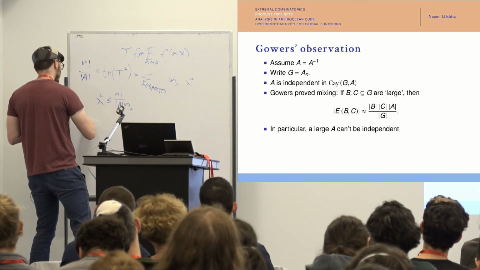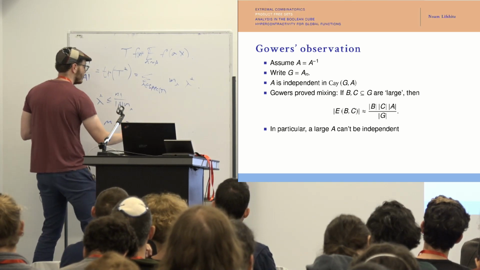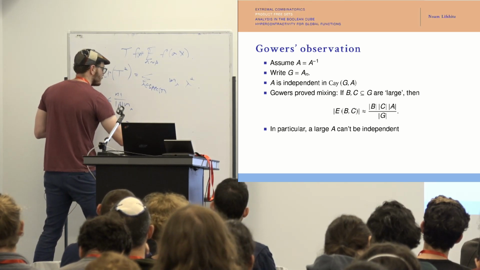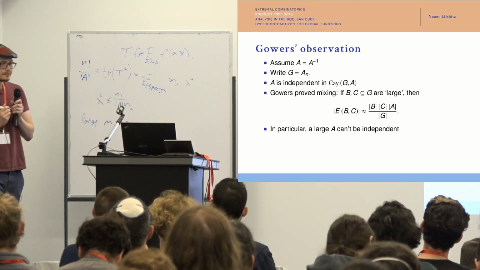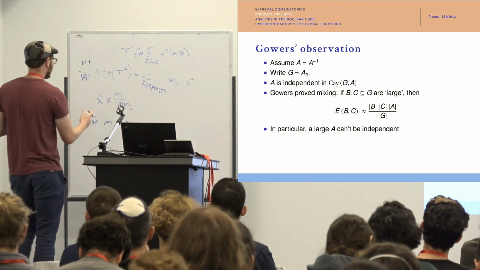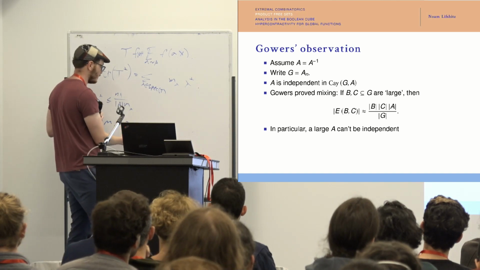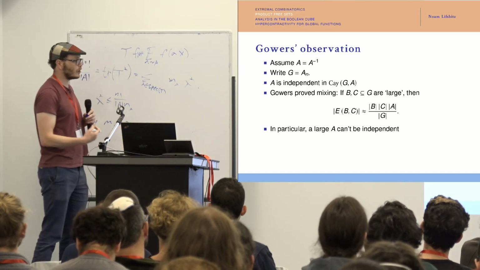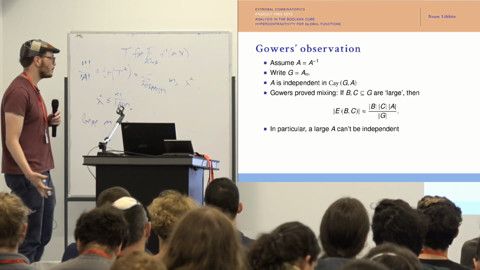So large m lambda implies small lambda. So this is the relation. Once you have large multiplicity for an eigenvalue, then you get that this eigenvalue is small. And once you have small eigenvalues, you get that your graph is quasi-random.